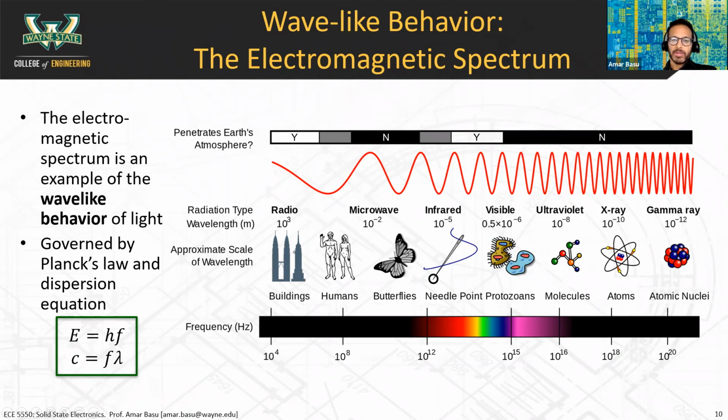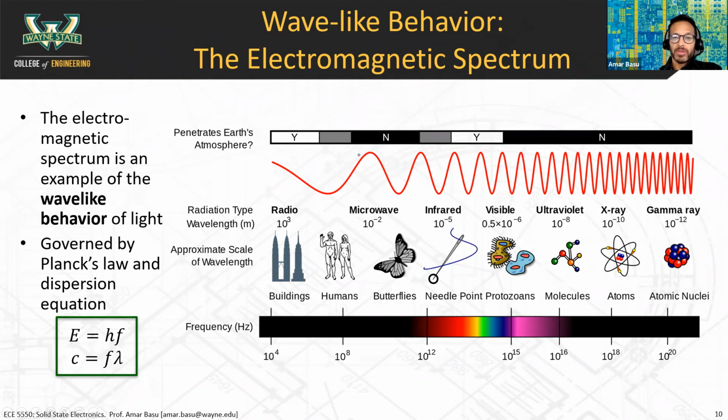Radio waves have wavelengths that are on the order of 10 to the third. Now, I don't know if you're aware of that or not. Radio waves are on the order of kilometers. Huge wavelengths. Okay. So that corresponds to a frequency of about 10 to the 4th.